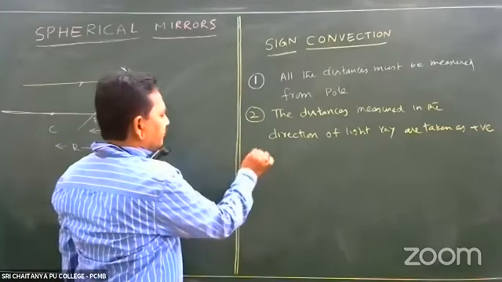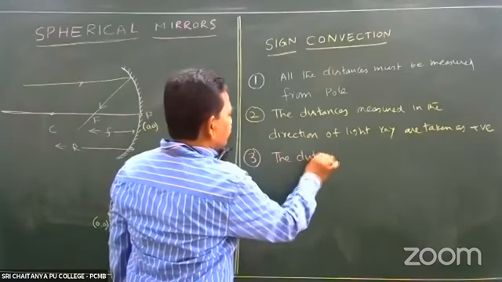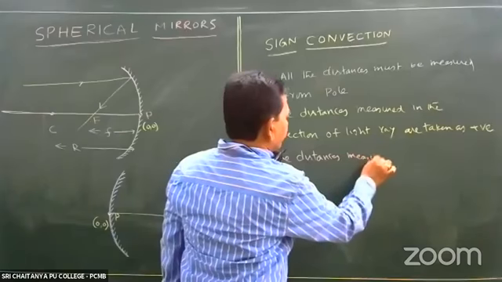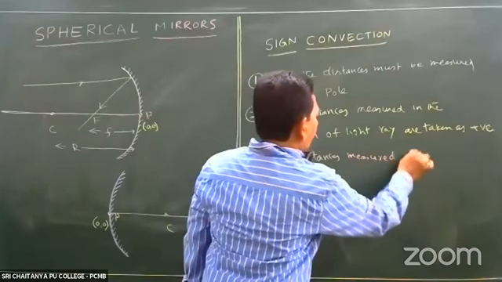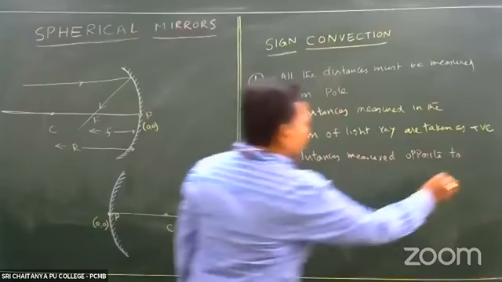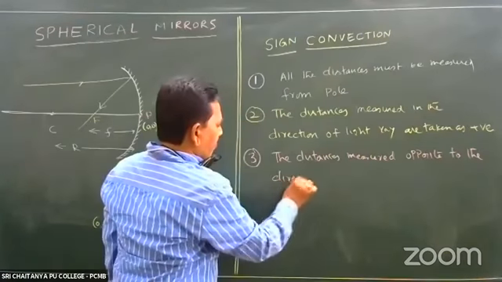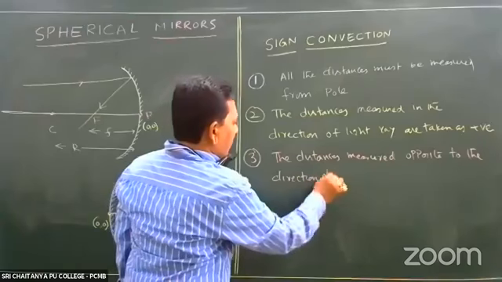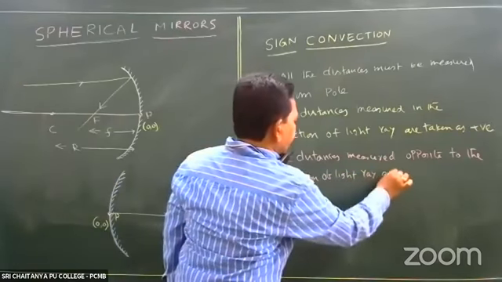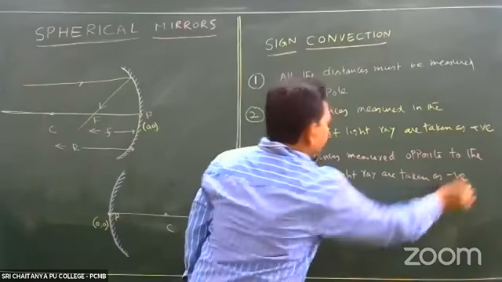Third one, the distances measured opposite to the direction of light ray are taken as negative.